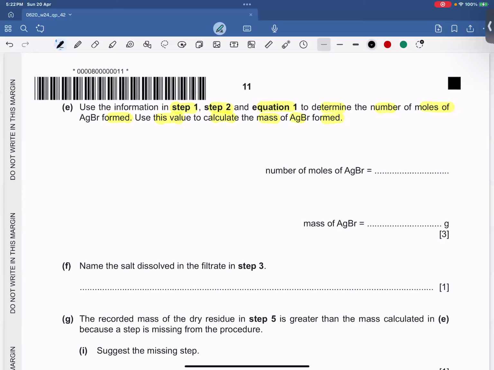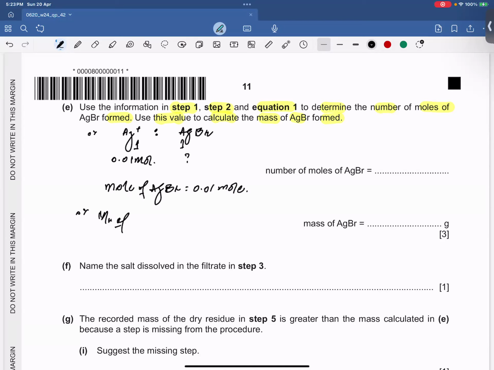तो फर्स्ट ऑफ ऑल, silver ion and AgBr have a 1:1 ratio. So if we have 0.01 moles of silver ion, obviously we'll get the same moles of AgBr, which is 0.01 mole. I need to find the Mr of silver bromide to find the mass. Silver is 108.